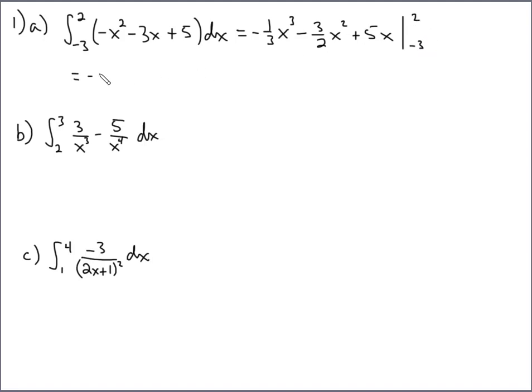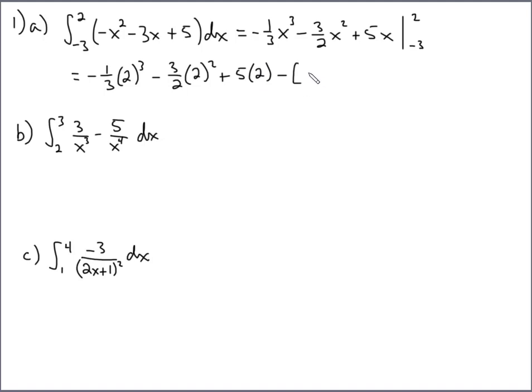Plugging in minus 3, 1/3 x, or oops, 1/3 minus 3. Sorry, plugging in 2 first. 1/3, 2 to the third power, minus 3/2, 2 squared, plus 5 times 2.